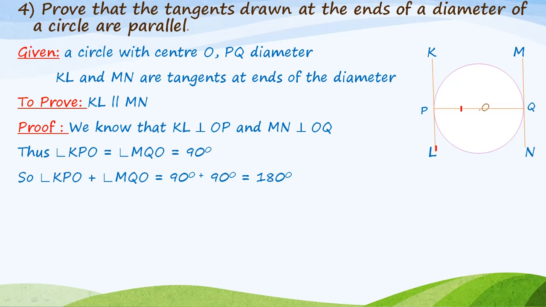Also, MN is one of the tangents and OQ is a radius. O is the center of the circle, OP and OQ are the radii, and KL and MN are the tangents. Therefore, radius is perpendicular to tangent. Therefore, angle P is 90 degrees. Therefore, KPO is 90 degrees.